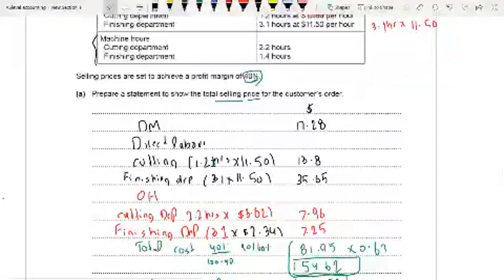Okay, so now let's see the overheads. Because of the machine hours, in the cutting department we are investing 2.2 hours to produce one product, and its overhead absorption rate is 3.62, as in the question, and for the finishing department this is 2.34.